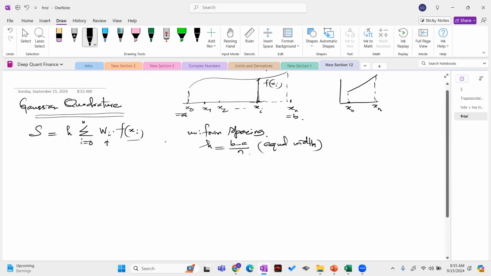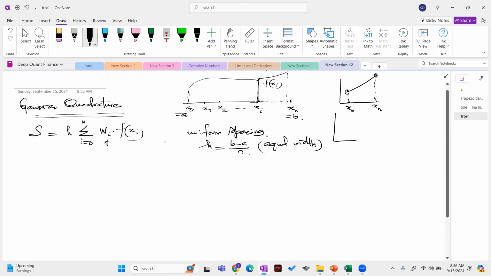We already have the values here, f of x0, f of xn. How many points do you need to divide the region into to get a better approximation? If it is linear, then do you really need that many sample points? You don't. You need only 2 points. Beginning, end, that gives you the slope. This is completely defined. There is no room for any kind of error, right?